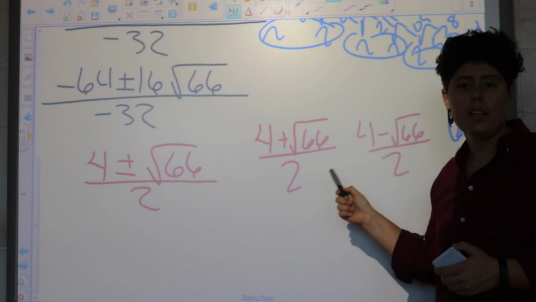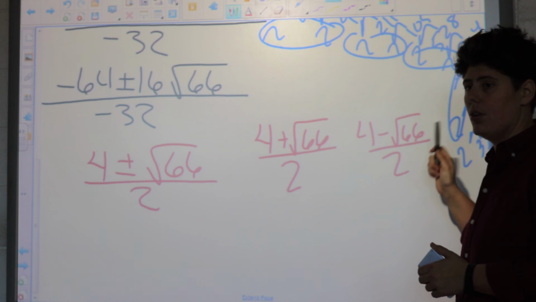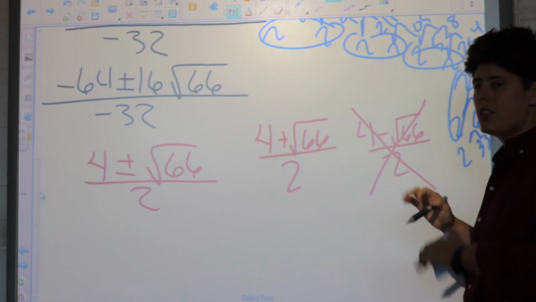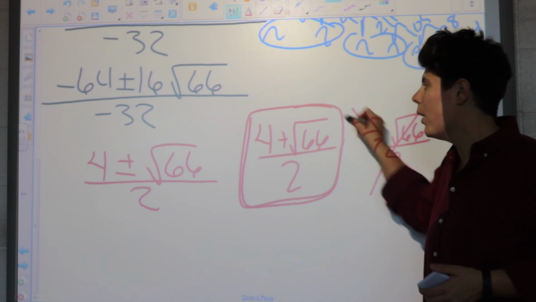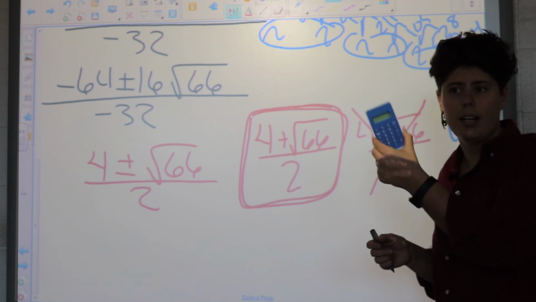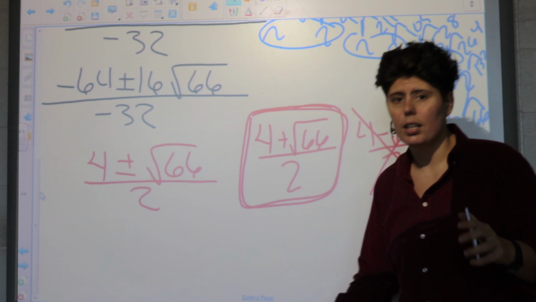Alright, so one of these will give you a positive answer, and one of them will give you a negative answer. The negative answer is not the one you want. The negative answer, there's no such thing as negative time. This is the correct answer, and you're welcome to leave it as a decimal. Check out my handwritten notes for the final answer. I don't have a square root button, I'm sorry. Alright, try your best. Good luck, you got this.